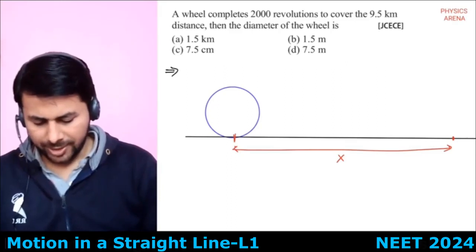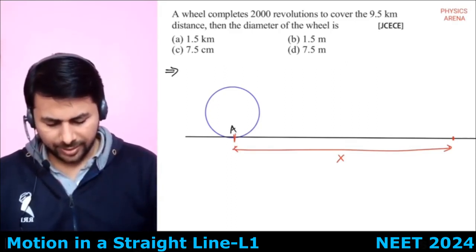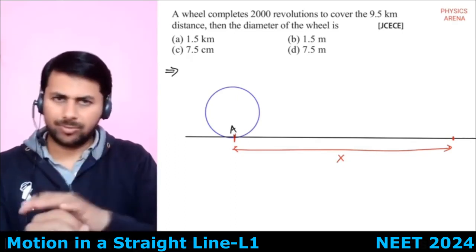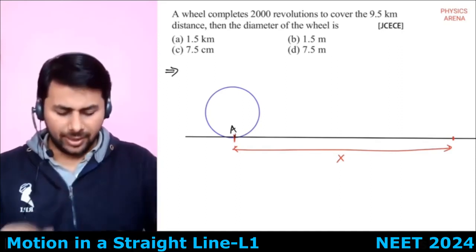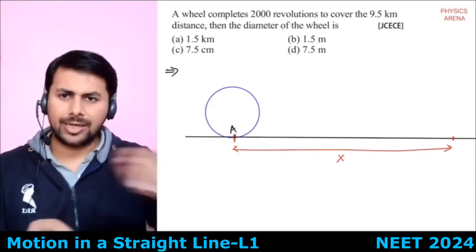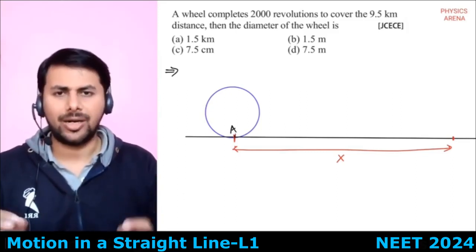So if you mark some point on this wheel, let's call this point A. Okay, as the wheel rotates, it moves on the ground, right? So this point will go up and it will come back to the same position. Same position meaning it will again touch the ground. After how much distance?